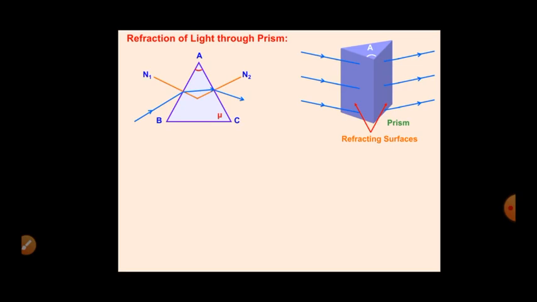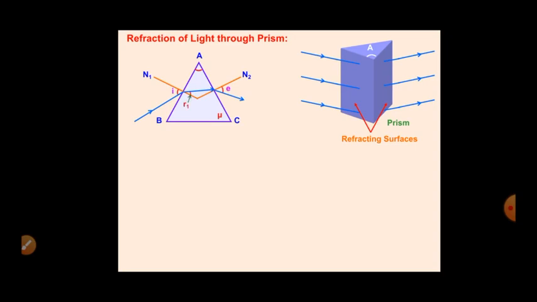Now these are the two normals that we have drawn on the two surfaces. So we can calculate the angle of refraction and angle of incidence from the normal. I is the angle of incidence and E is the final angle of emergence.